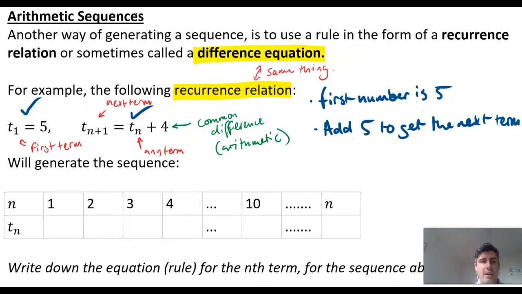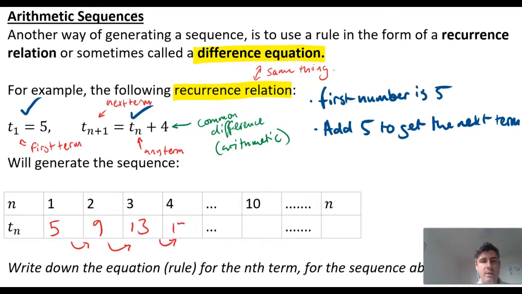So here, the table has different values of n. I've got n being 1, which we know Tn is 5 in that situation. If n is 2, we expect Tn, the second term, to be 9, because you're adding 4 every time. And so the next one you'd expect to be 13.